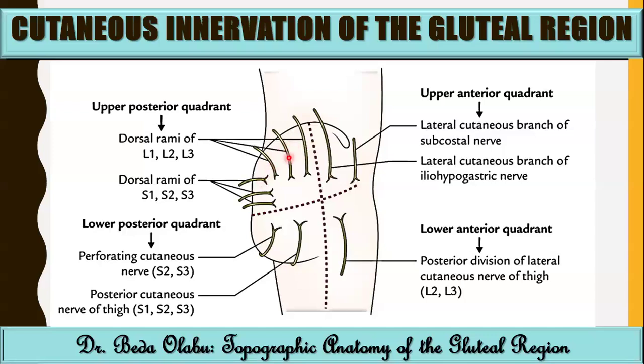On the much posterior aspects, on the superior aspect of the gluteal region, or much medial aspect, we have the lumbar nerves, so the lower lumbar nerves, as well as the upper sacral nerves.